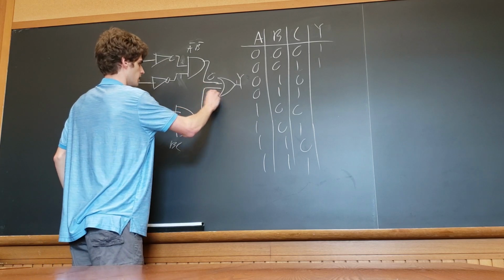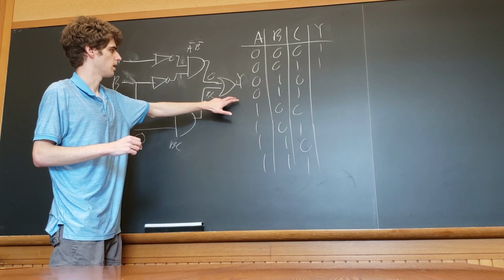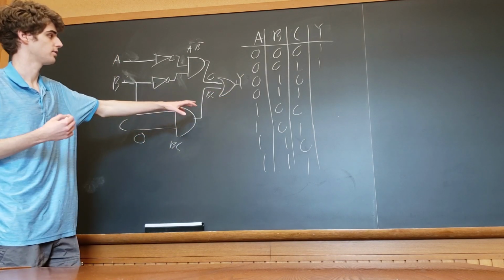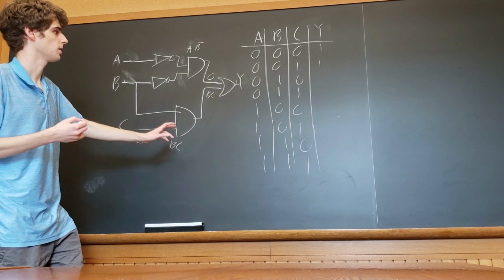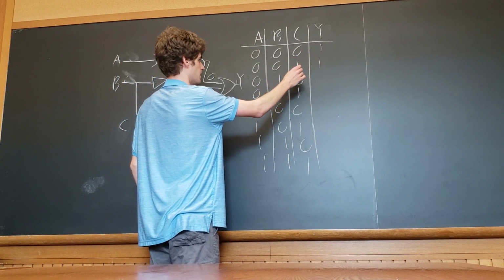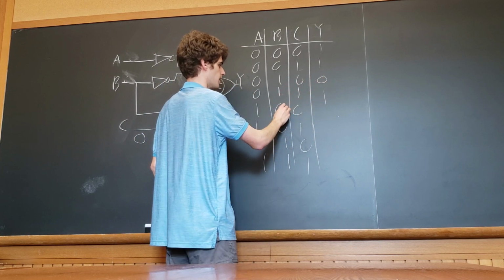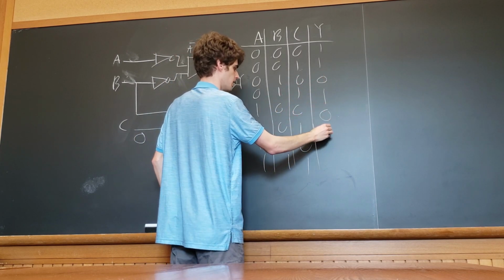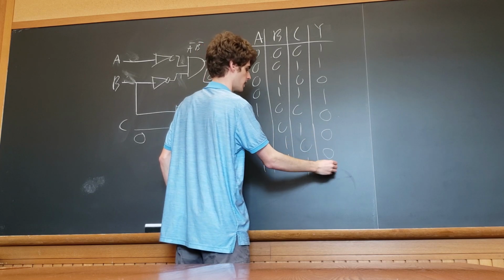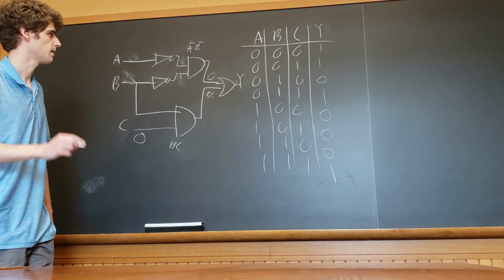So this is going to output 1 whenever BC is 1. Looking at the truth table, 1 and 0 is 0, 1 and 1 is 1, 0 and 0 is 0, 0 and 1 is 0. Okay, so now our truth table is done, and we have to make a Kmap.